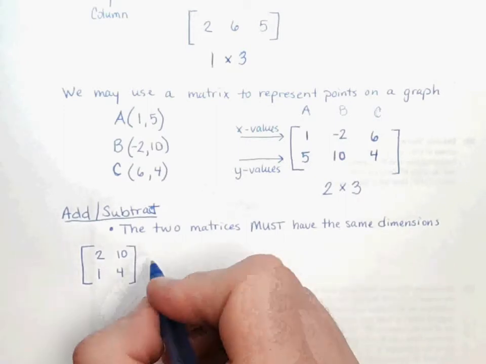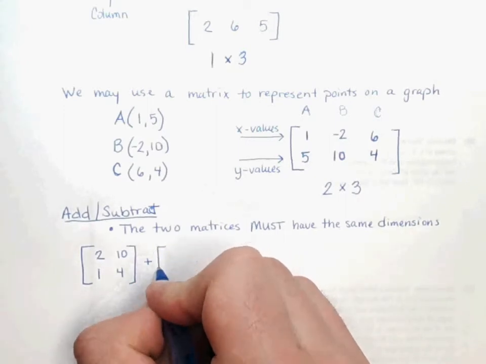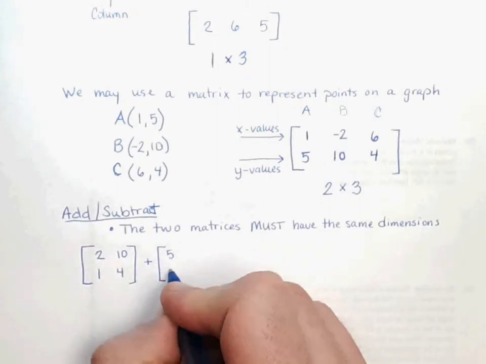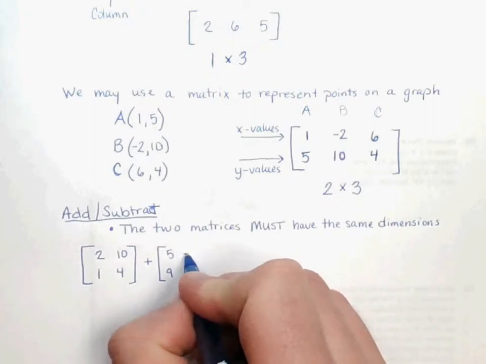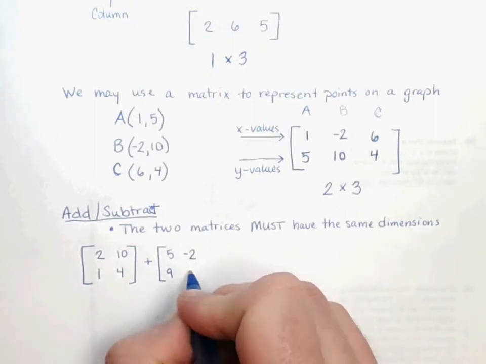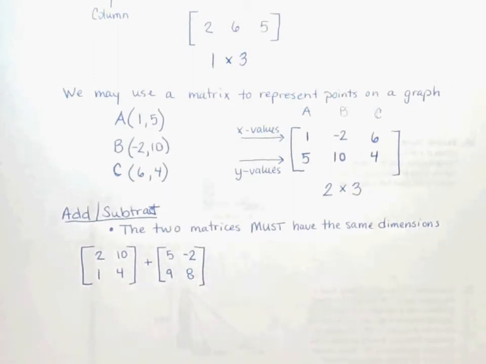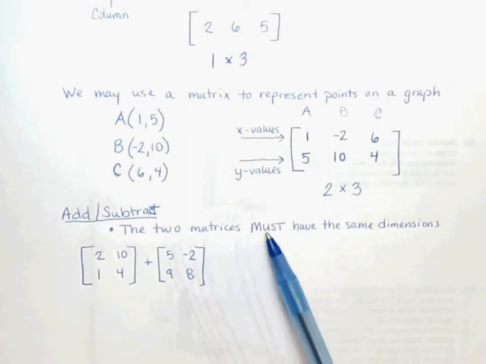And we want to add this matrix to it: 5, 9, -2, 8. The first thing that we have to do is find out, can I even add these two matrices together? The way that we're going to do that is find out if they have the same dimensions.